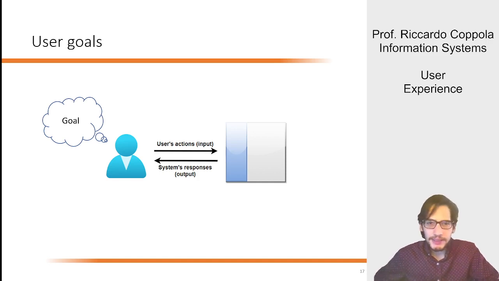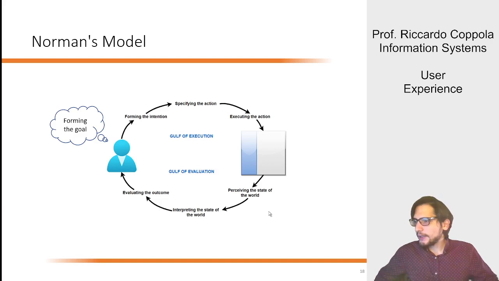Since it is the user using the system, by thinking about his or her goals we can understand what type of devices he will use and what type of information we will have to provide him or her through the graphical user interface.